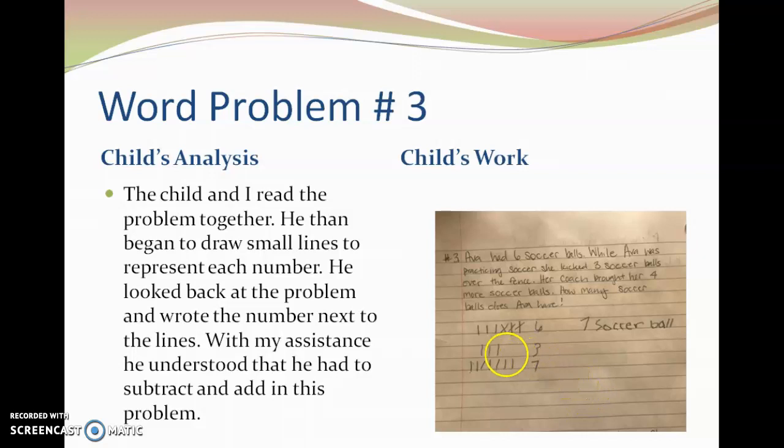And at first, he wanted to distinguish the amount of numbers that Ava had first. So he drew 6 small lines, and then he wrote the number beside it. And then after explaining to him that 3 of those balls were taken, then he decided to draw 3.